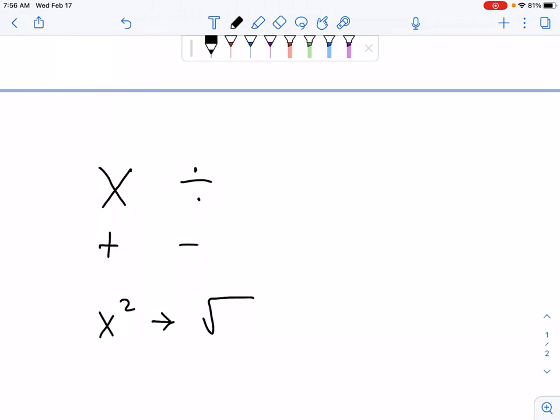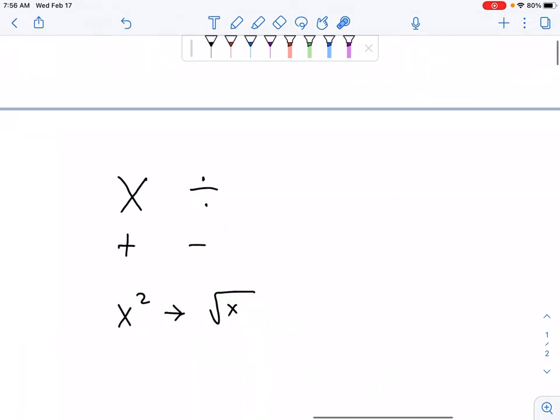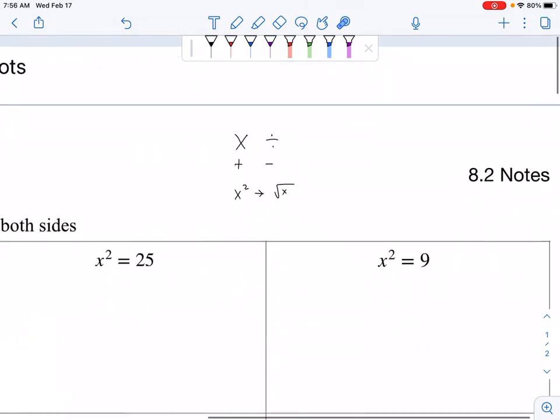So a square root undoes a second power. The same way that multiplying and dividing undo each other, and adding and subtracting undo each other, a second power and a square root will undo each other.